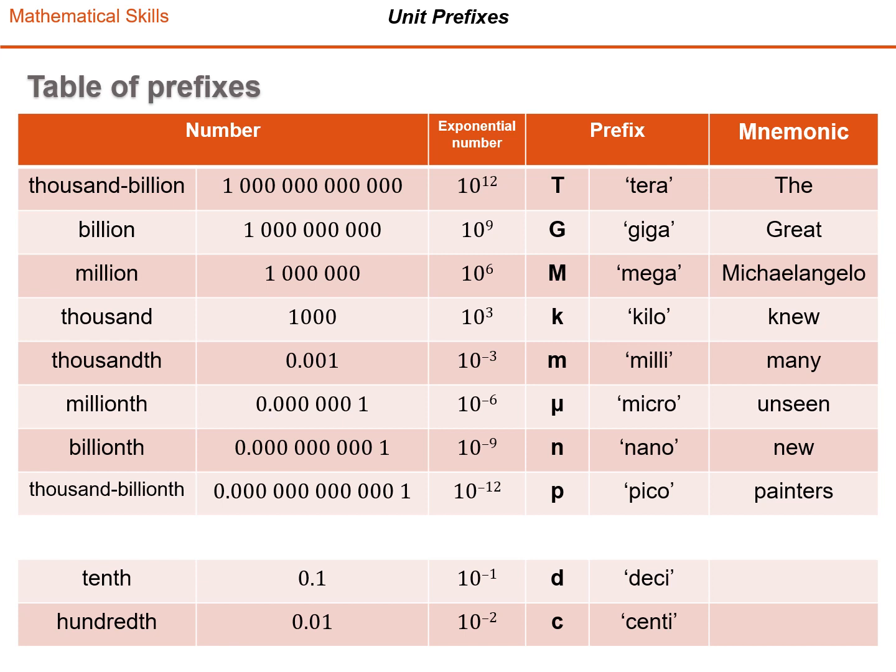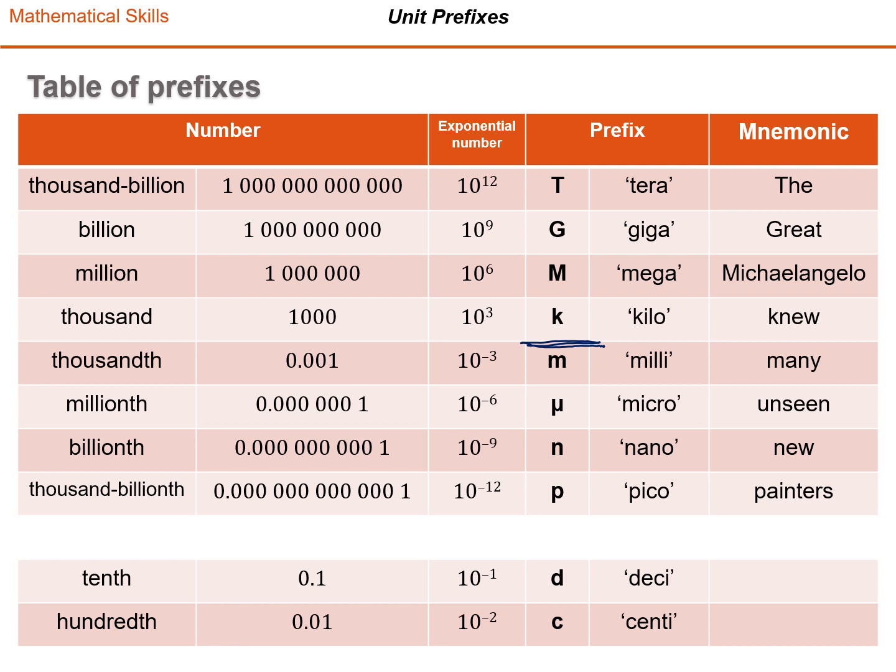What we can see here is that there is a clear pattern in how these prefixes are arranged. We've got a different prefix for each step of 1,000. If we start here in the middle, we multiply 1 by 1,000, we call it a kilo.